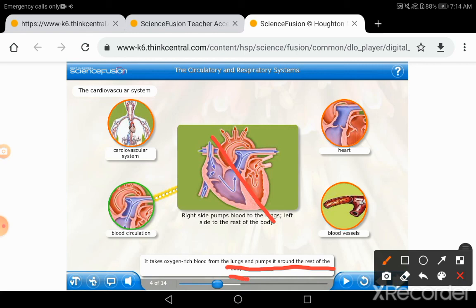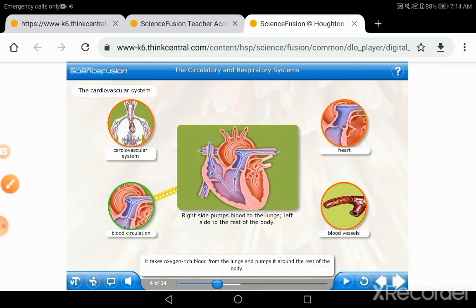While the right side pumps blood from other organs, so it gets rid of waste and other substances of the body.